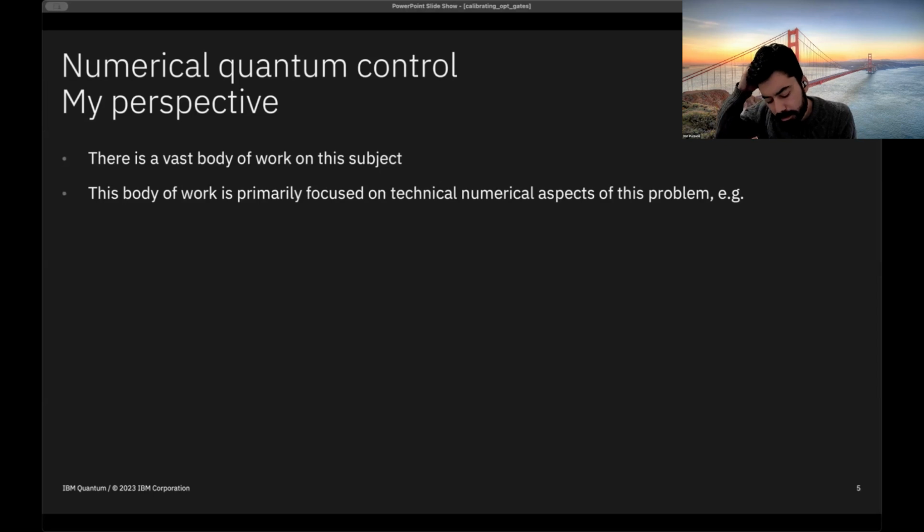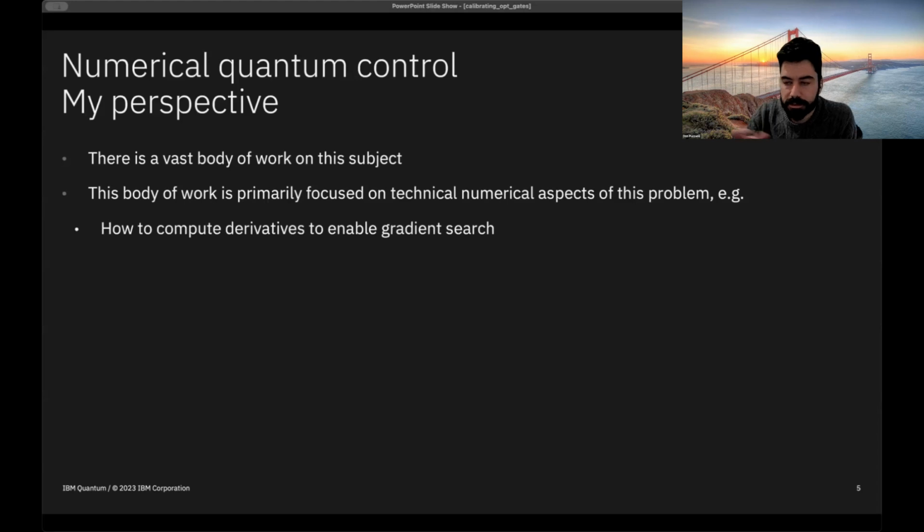And one point I want to make is that this body of work is primarily focused on technical numerical aspects of the problem. So things like, as I said, computing derivatives is really important. It's just a technical issue that's really important, so there's a lot of work in that. Even how to parameterize the pulses.